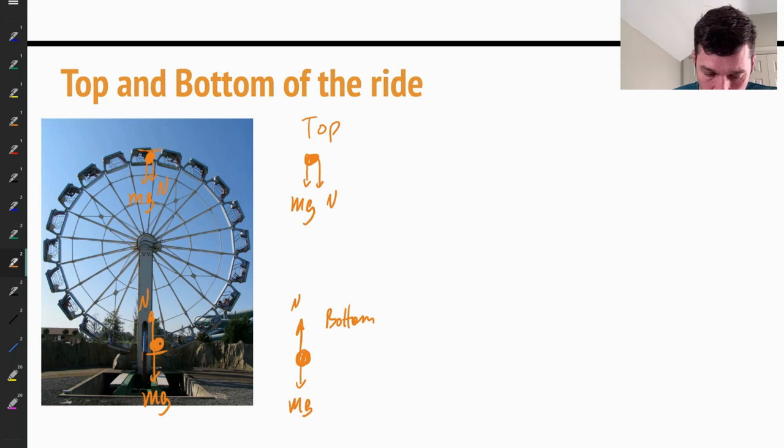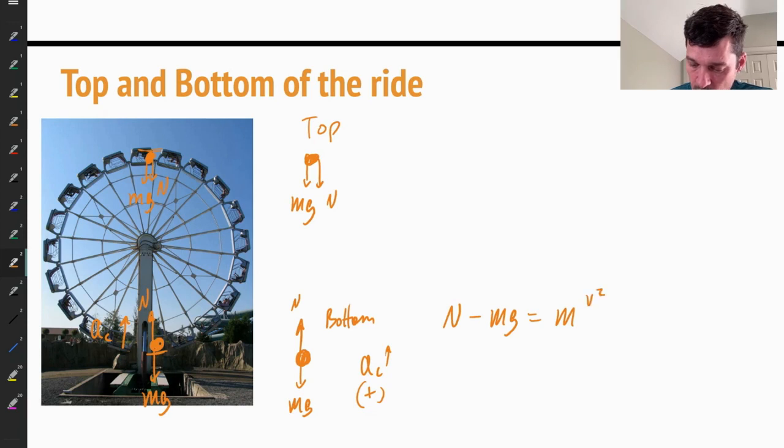So for the bottom, the centripetal acceleration is upward. For this case, at the bottom, we'll consider positive to be upward. And so we can create a Newton's second law statement for that. Upward being positive, we can say normal force minus mg equals mv squared over r.